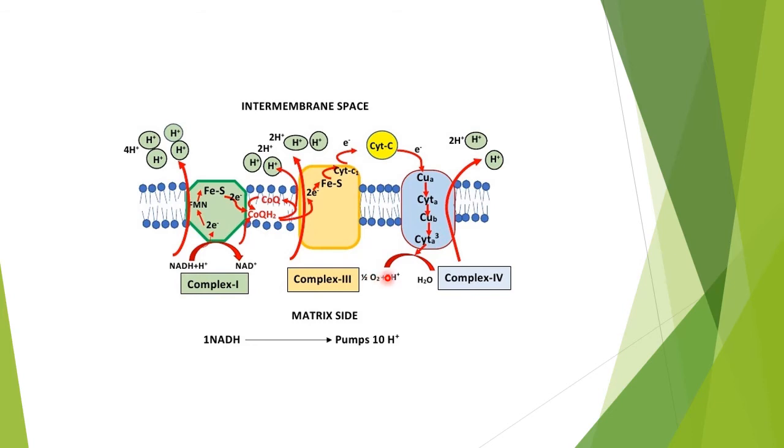In presence of the protons, there will be formation of metabolic water. But at the same time, this complex also translocates or pumps protons from the matrix side to the C side.